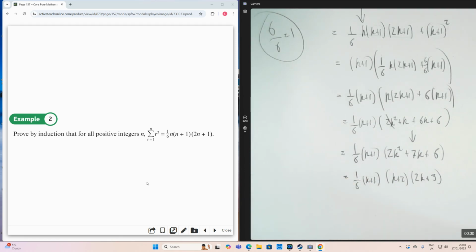Okay, perfect. So what we've done now is we've got as far as we can go with that. And what we've got to try and do now is look back at our original expression here. Okay, 1/6 n times by (n+1) times by (2n+1).